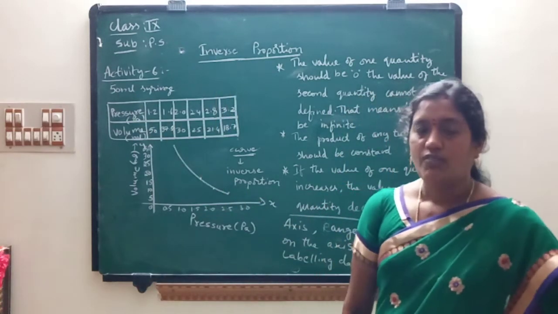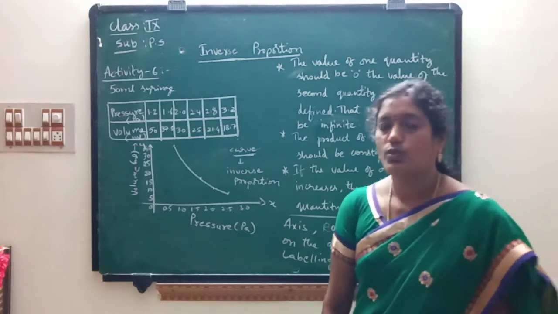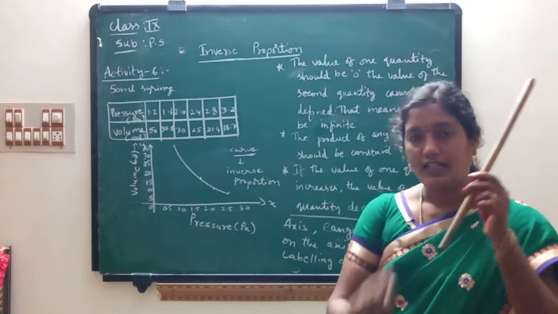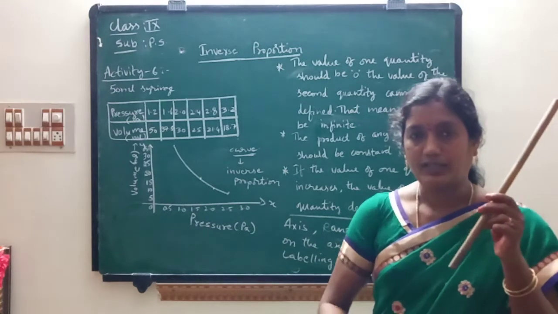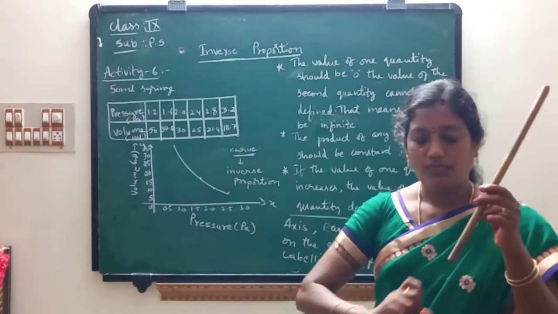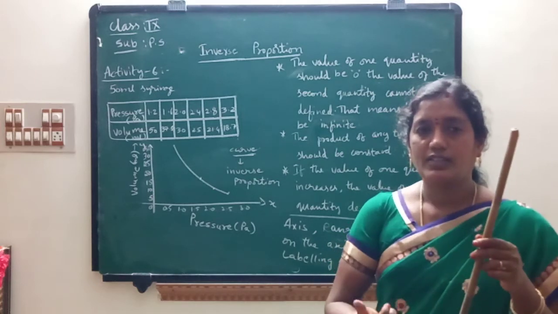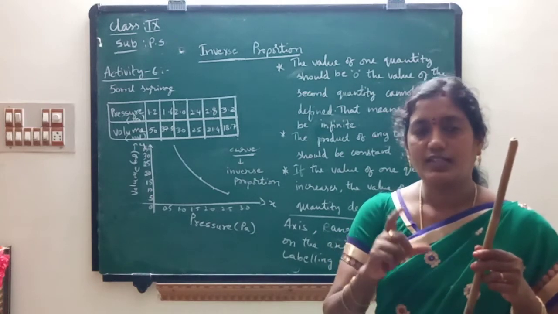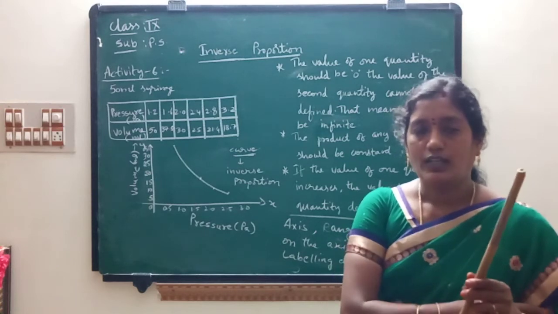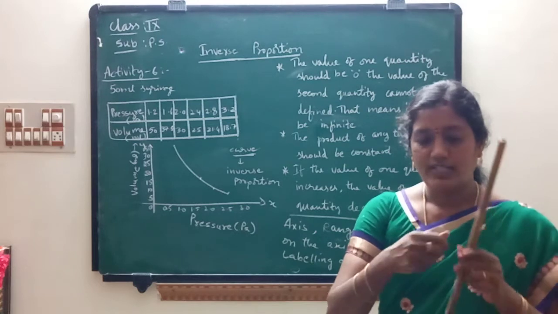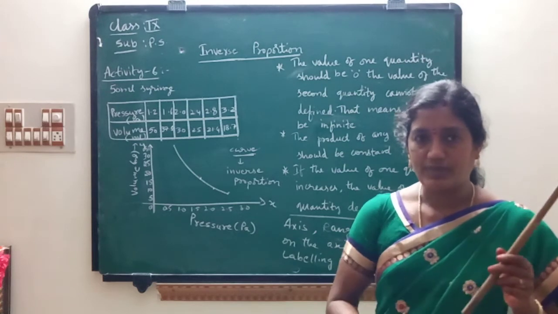First of all, take the syringe in your hands, and at the end we have a plunger. If you push that plunger in, the liquid present in the syringe will enter directly into our body. So the syringe has a plunger arrangement.